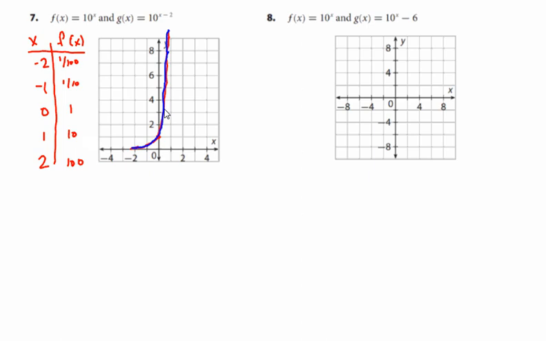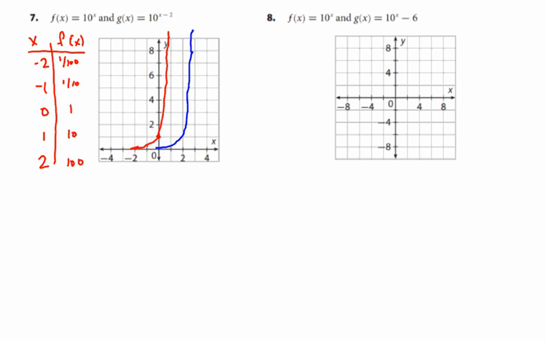We take this and we shift it to the right 2 units. And so yeah, that right here.